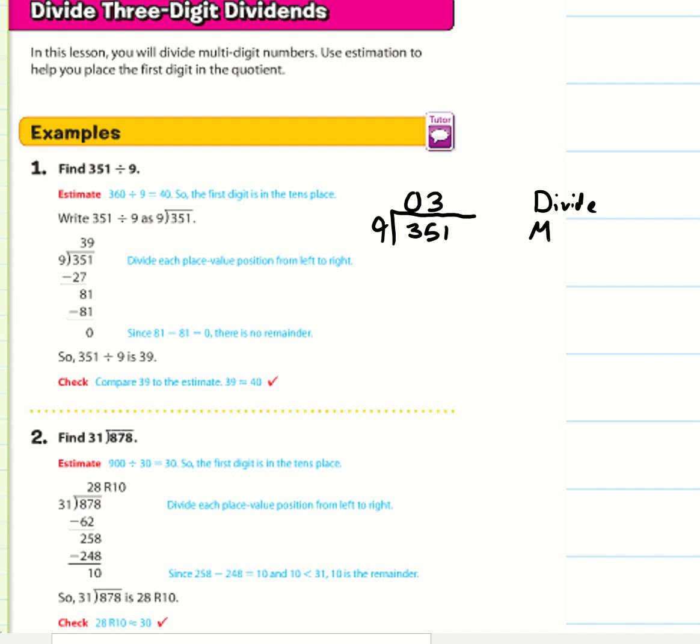The next step is multiply. So 3 times 9 equals 27. After I multiply, my next step is to subtract. I'm going to subtract 27 from 35, and I'm going to get 8. And I have to bring down. I'm going to bring down my 1 to give me 81.